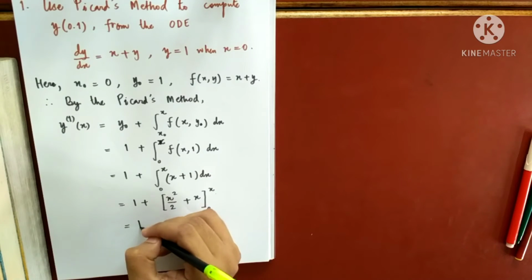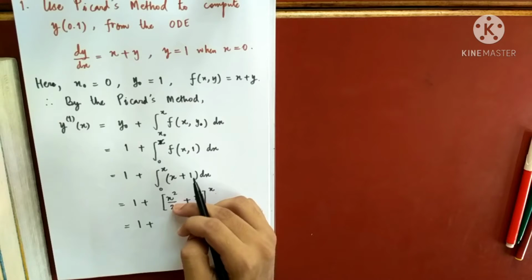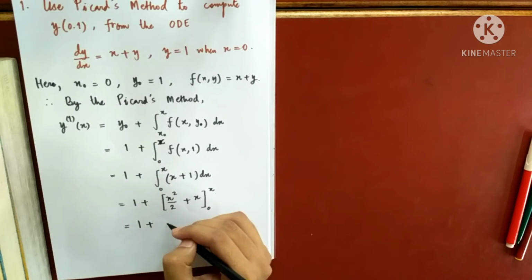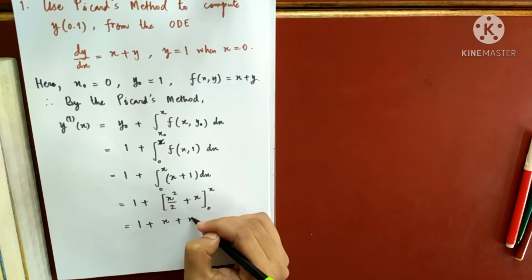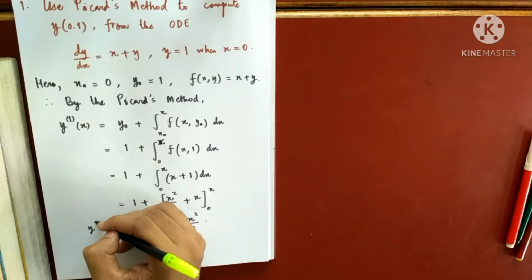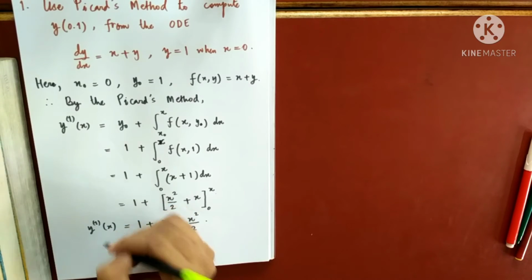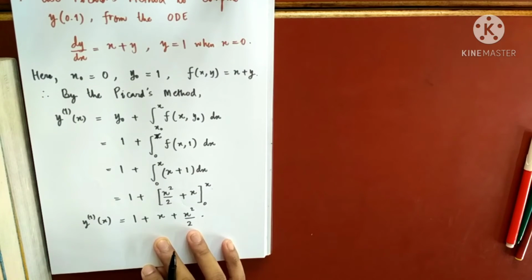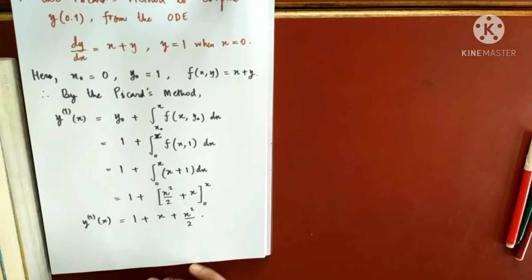If you put x, it remains as it is, but if you put 0, it becomes 0. So I only remain with 1 plus x plus x square by 2. So this is my first approximation. You see, the first approximation is coming in terms of x. Am I clear up to here?